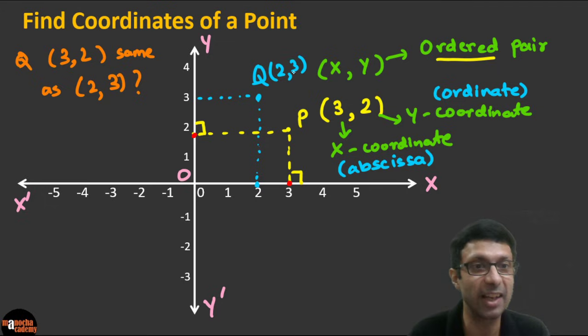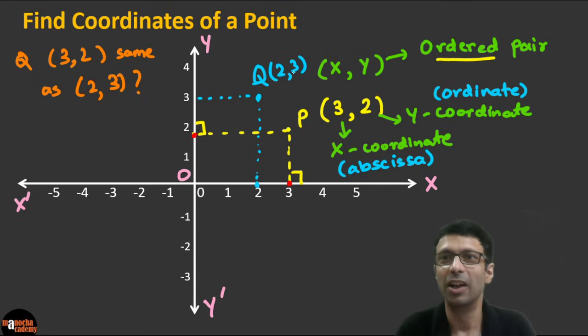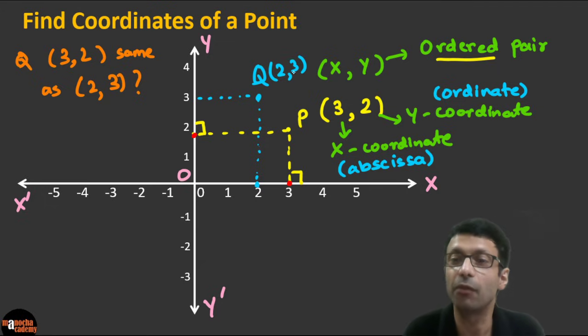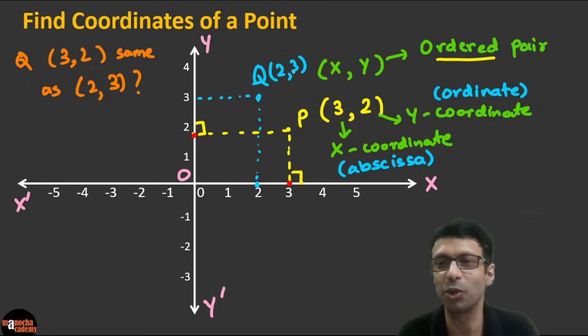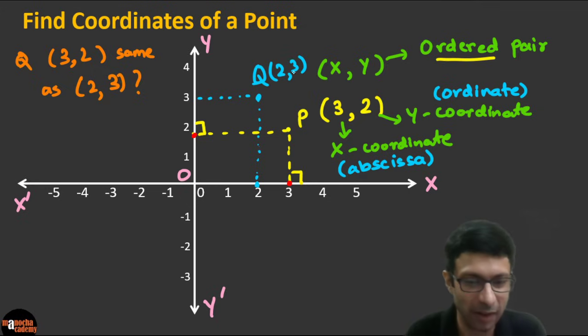And you can see guys, it's not going to be the same. That's why it's called an ordered pair, where first you always write the x coordinate, then comma, y. You can't change the order. The x coordinate is known as abscissa, the y coordinate is known as ordinate. Please remember these terms so that you find it really easy. Okay, very good, clear?